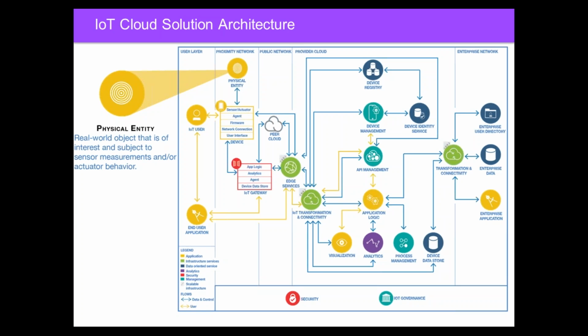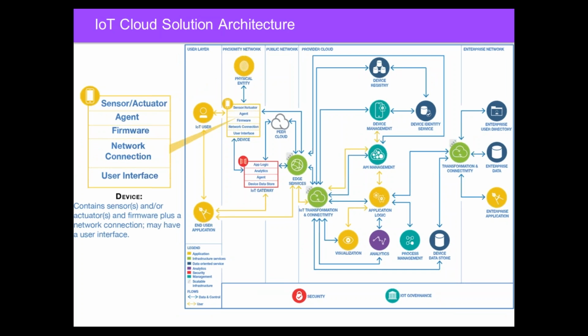If we move to the next slide, now we get to the sensors, actuators, and the firmware. Why it's important to keep this separate is that this is the compute power inside the actual device or the sensor. Typically, customers want to update the firmware that goes with this, because you're going to go out with a certain set of capabilities, but you're going to want to evolve that over time.